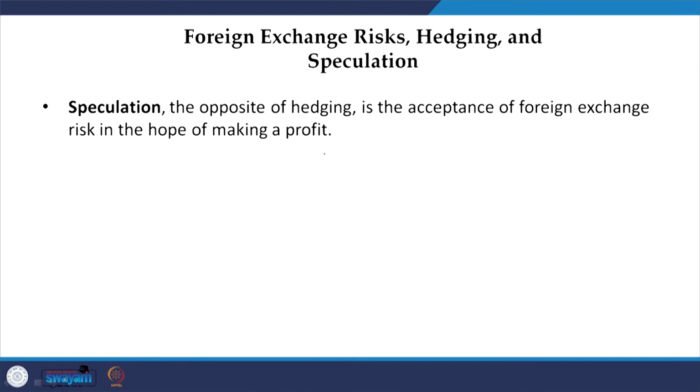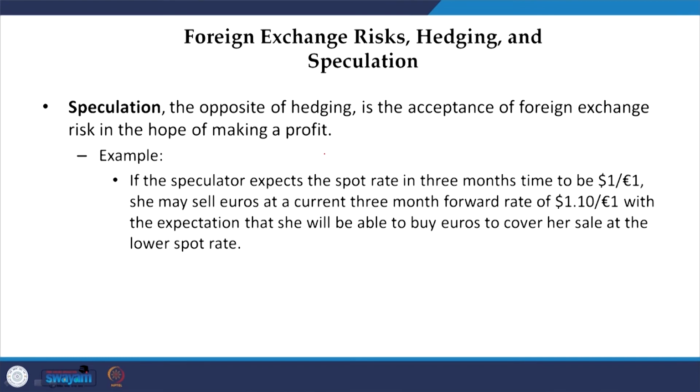When we part with the risk of foreign exchange fluctuations, that means it is a part of bearing the speculation. If the speculator expects the spot rate in 3 months to be $1 with €1, she may sell euros at the current 3 months forward rate of 1.10 per euro, with the expectation that she will be able to buy euros to cover her sale at the lower spot rate.